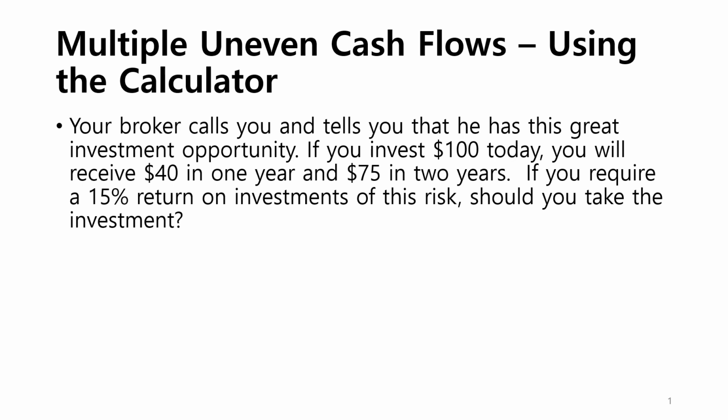If the sum of present values of cash inflows is greater than the sum of present value of cash outflows, then undertake this project. If the sum of present value of cash inflows is smaller than the sum of present value of cash outflows, then don't undertake this investment project. If they are the same, you are indifferent.